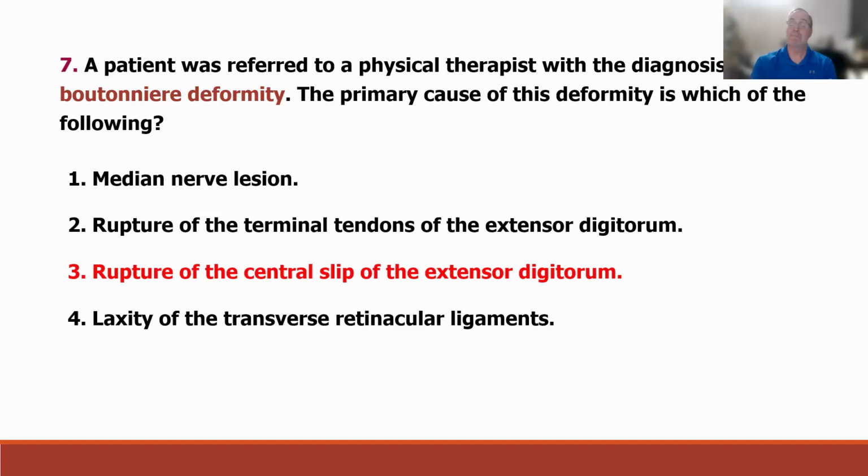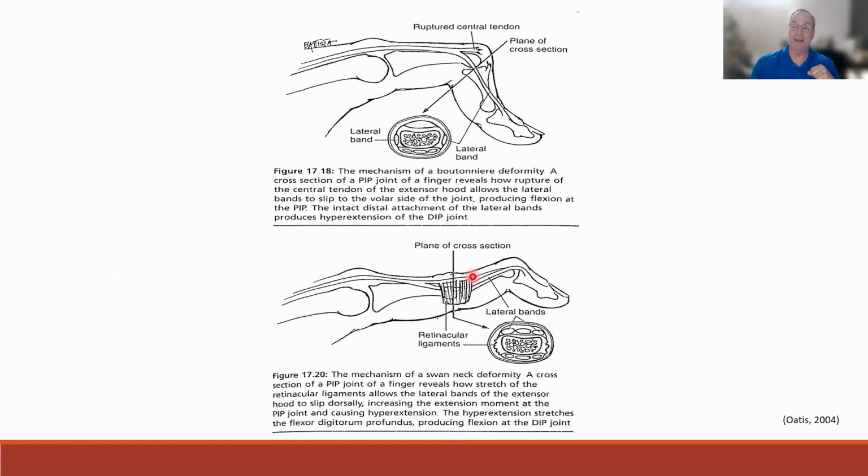Number four is swan neck deformity. So the laxity of the transverse retinacular ligaments, we're going to see those in this image that is coming up right here. Those transverse retinacular ligaments run from the extensor mechanism around the anterior aspect of the joint.